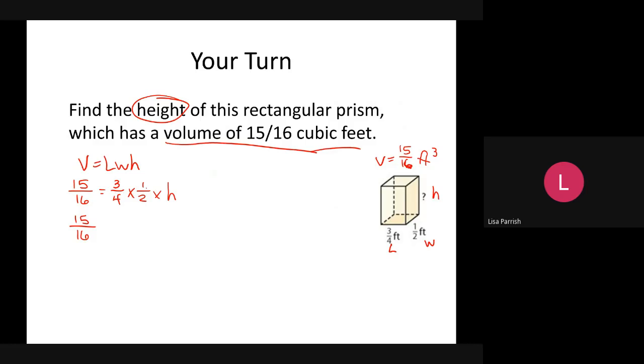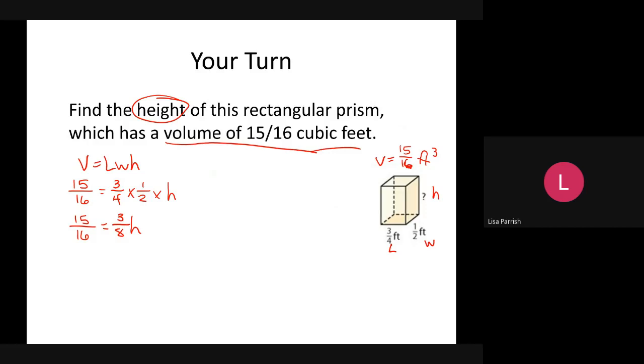So if you choose to keep the fractions, remember when you multiply fractions, you go straight across. So 3 times 1 is 3, and 4 times 2 is 8. So you have 3/8 times h. But then you've got to divide the fractions, so that can be a little trickier.